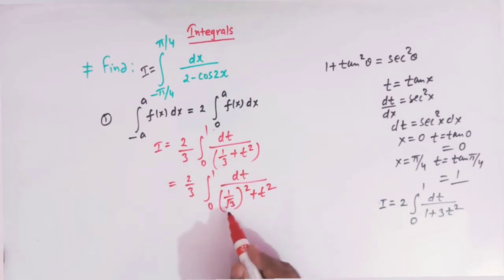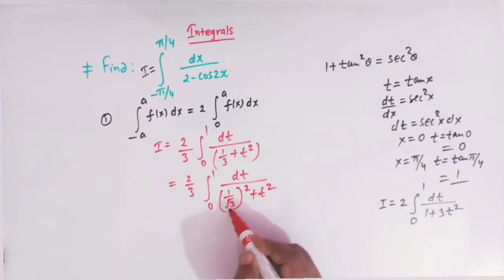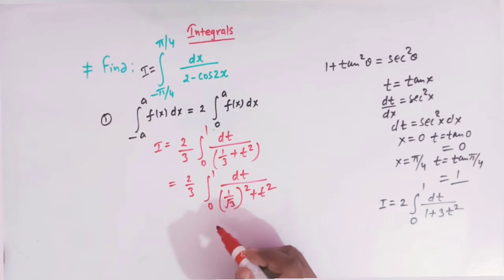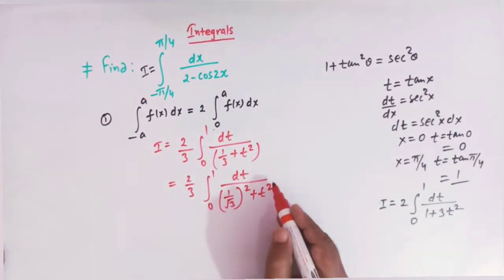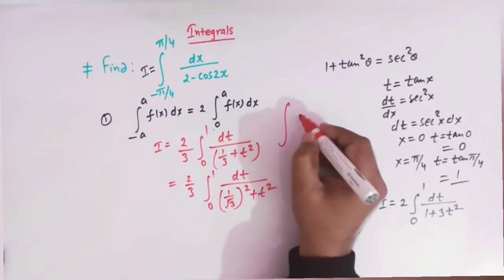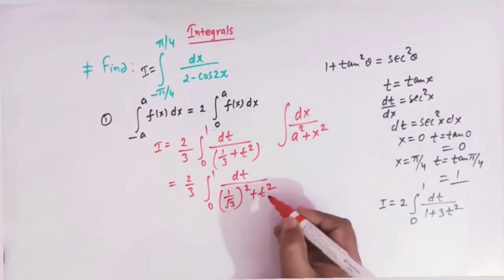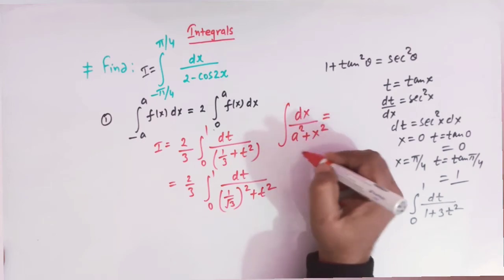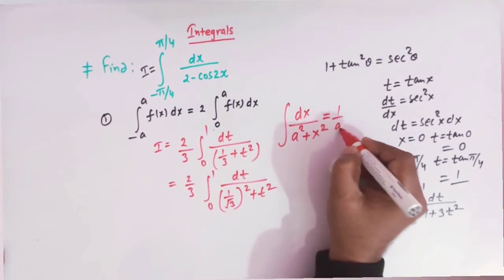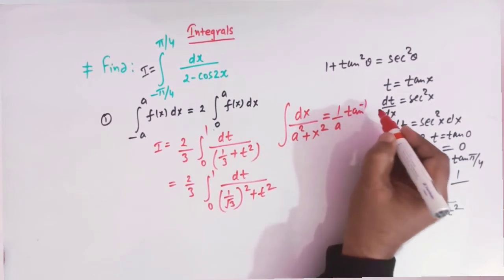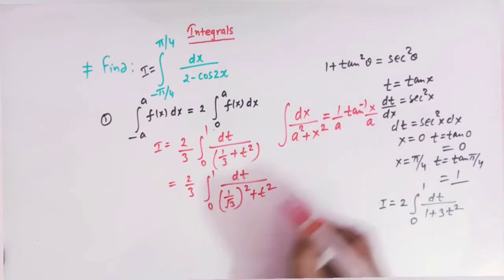So 1/3 can be written as the square of 1 over square root of 3, right? So now this integral takes the form dx over a square plus x square, right? And this type of integral is equal to 1 over a tan inverse x over a, right?